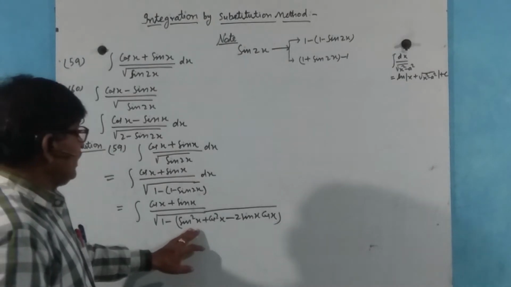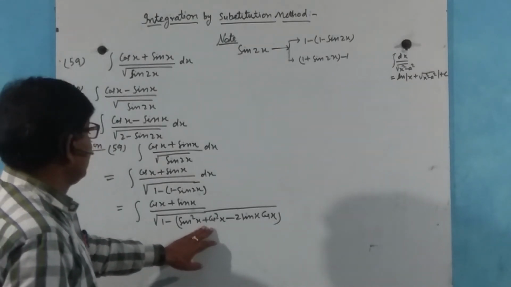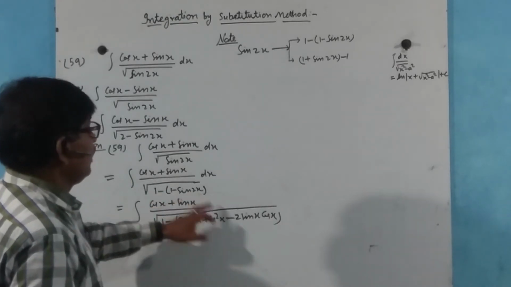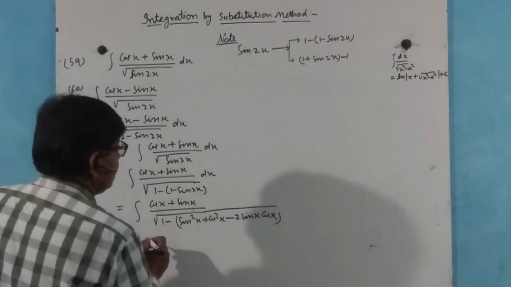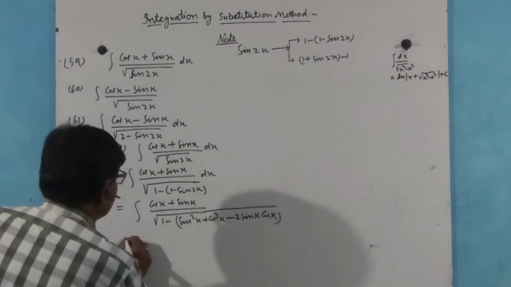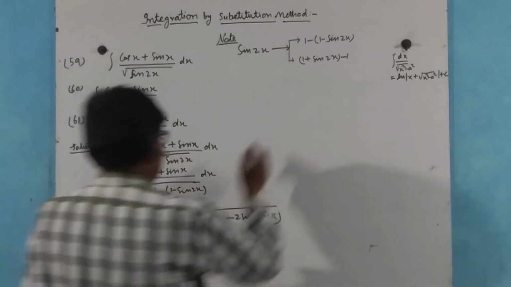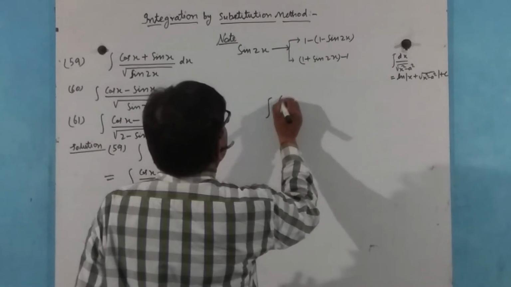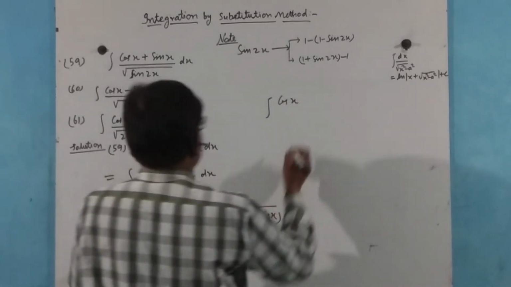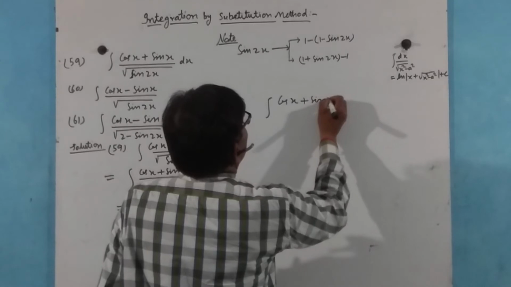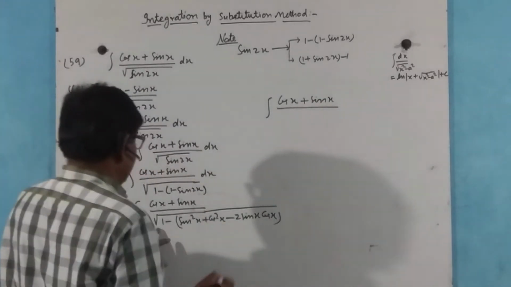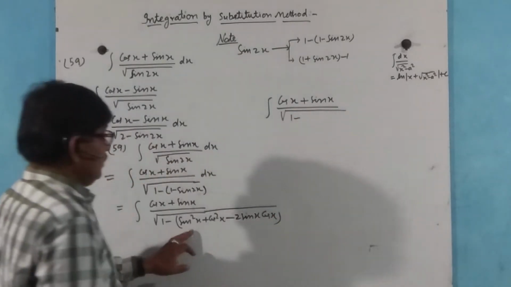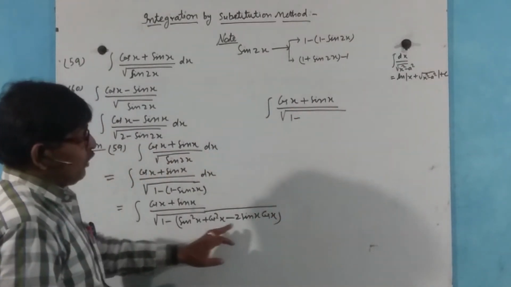Because we know that sin square theta plus cos square theta is equal to 1, in place of 1 we can write this, and sin 2x is 2 sin x into cos x. This can also be written as integration of (cos x plus sin x) divided by under root of a square plus b square minus 2ab.